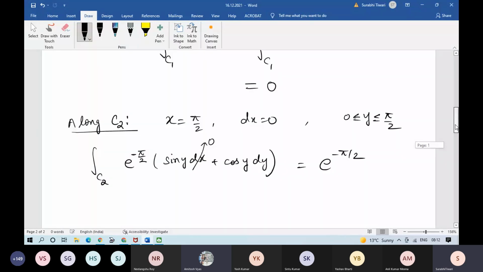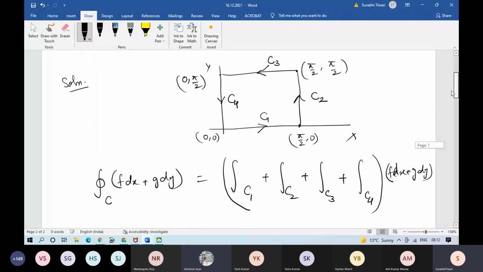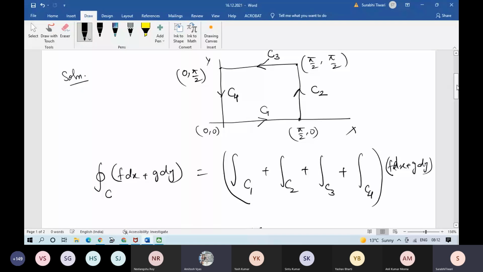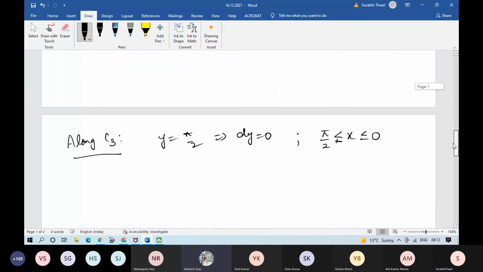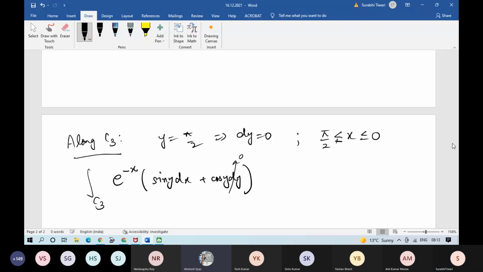We are moving in the anticlockwise direction, so x varies from pi by 2 to 0 in this direction. So along C3 we have e raised to the power of minus x sin y dx plus cos y dy. Now dy is 0, so now again put the value of sin pi by 2 and calculate the value of e raised to the power of minus x dx.